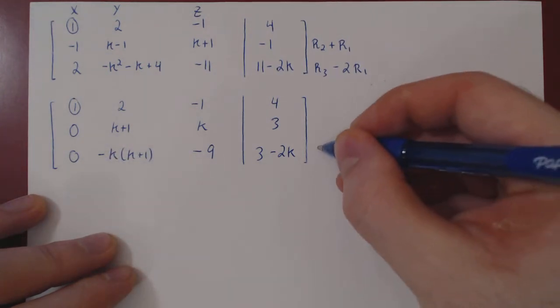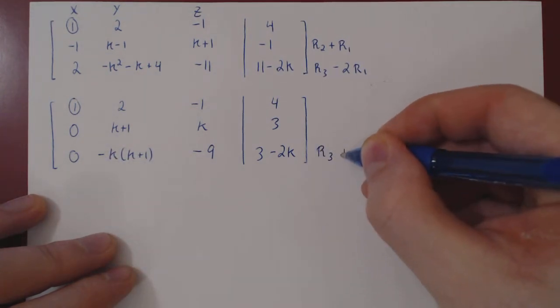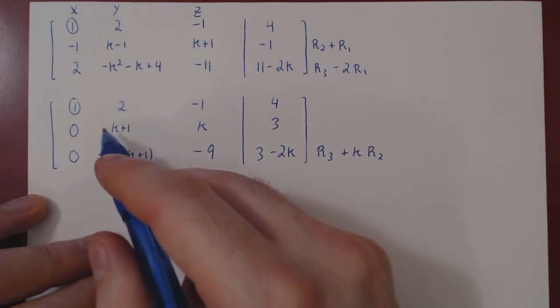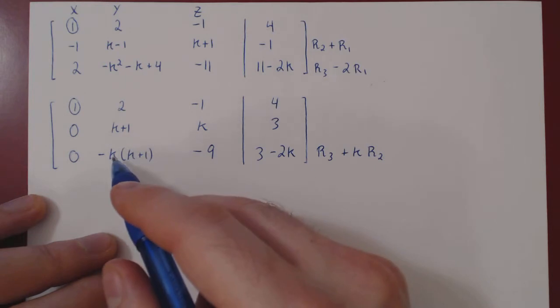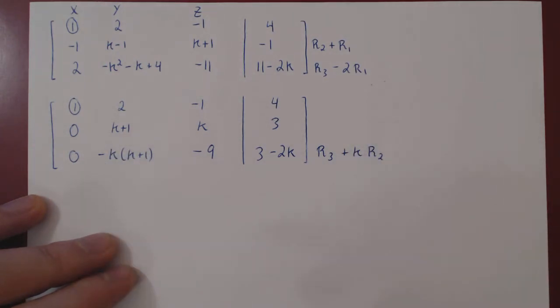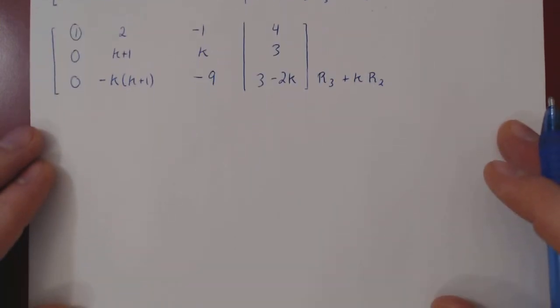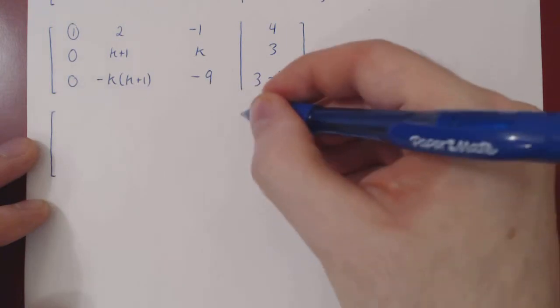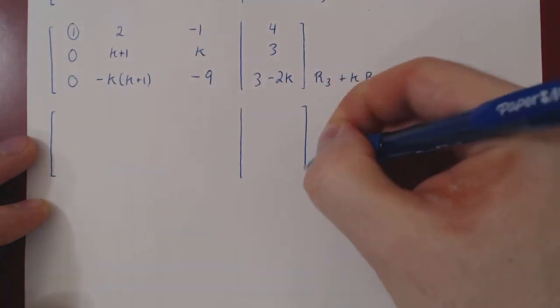Well, if you notice, all we can do is row 3 plus k row 2. If we do plus k times k plus 1 to negative k times k plus 1, the result is 0. This will kill this entry. Let's see what happens to our linear system if we do this. We can recopy the first two rows as we're not changing them.